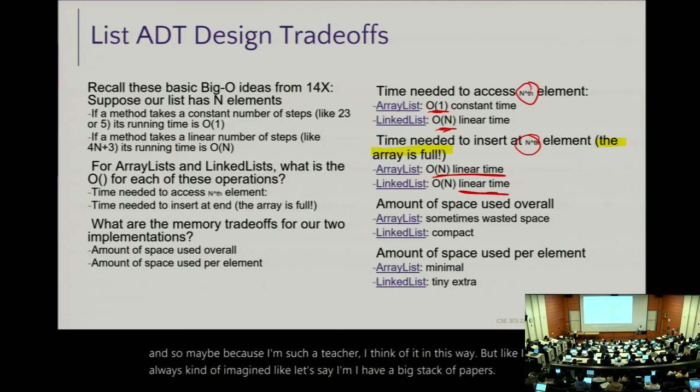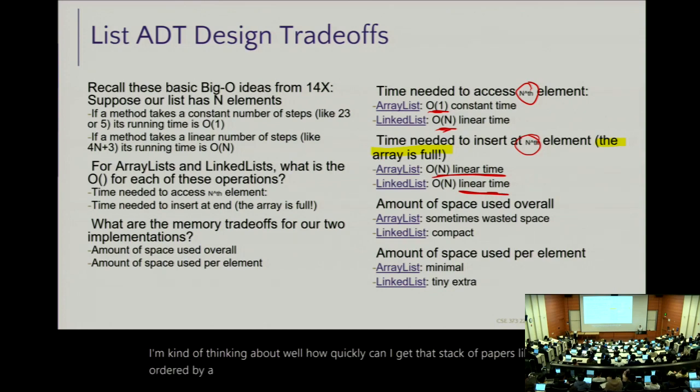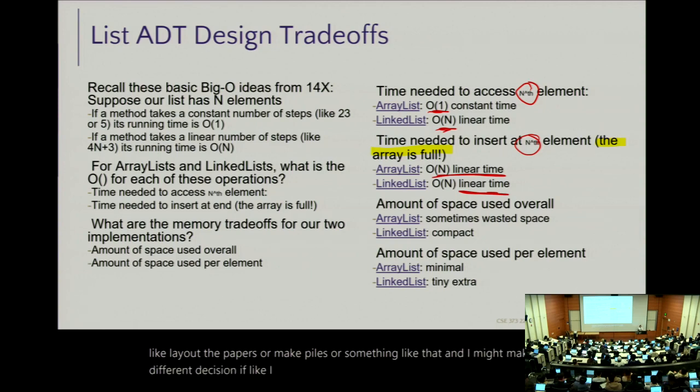I'm thinking about how quickly I can get that stack of papers ordered by name, and do I have a bunch of space around me to lay out the papers or make piles or something like that? I might make a different decision if I only have my arms to hold the papers versus if I can take up this whole floor and make piles.